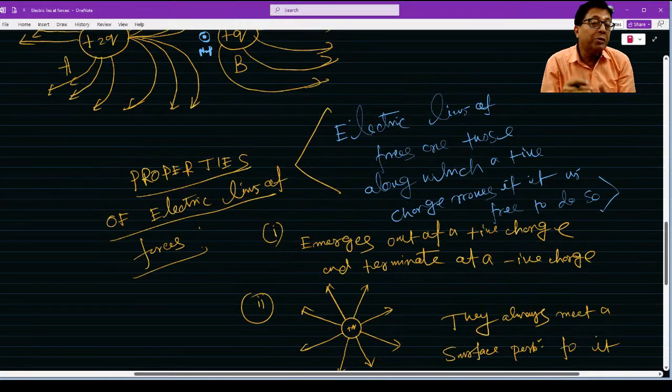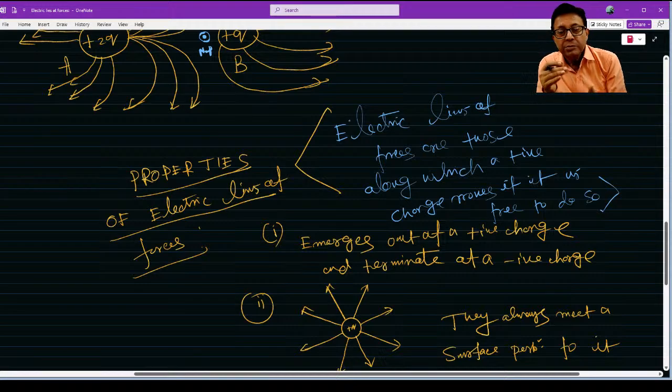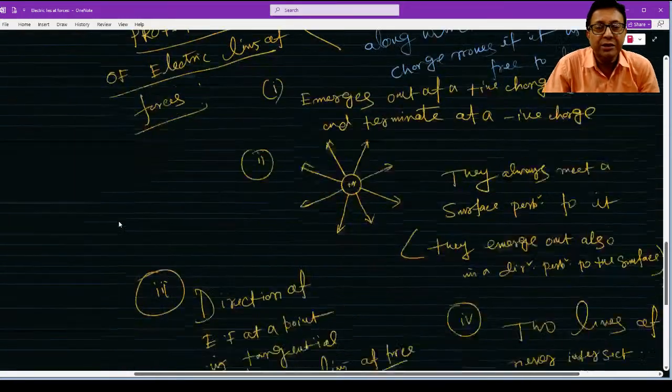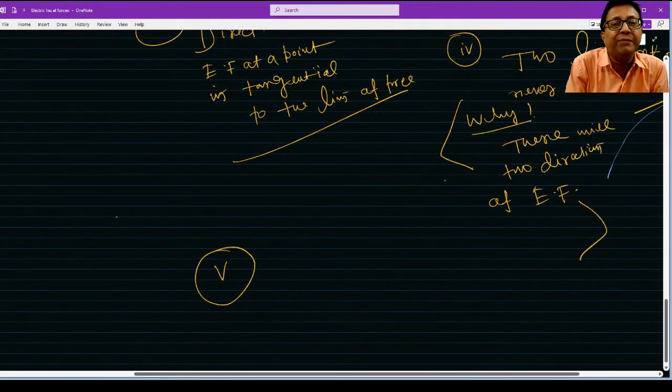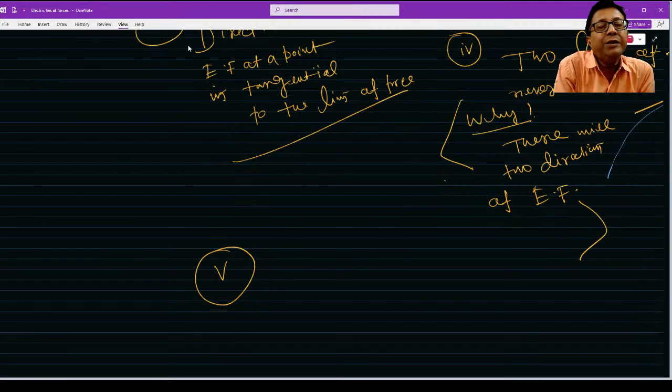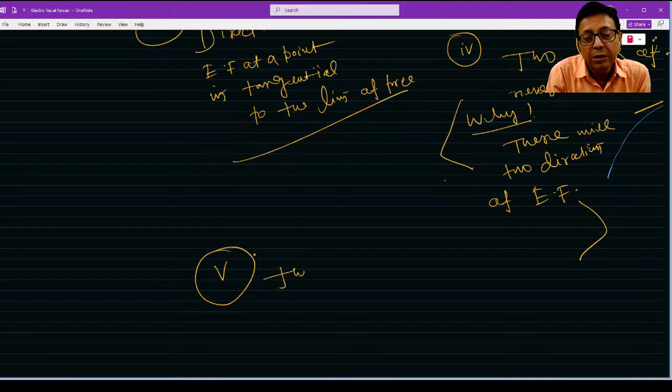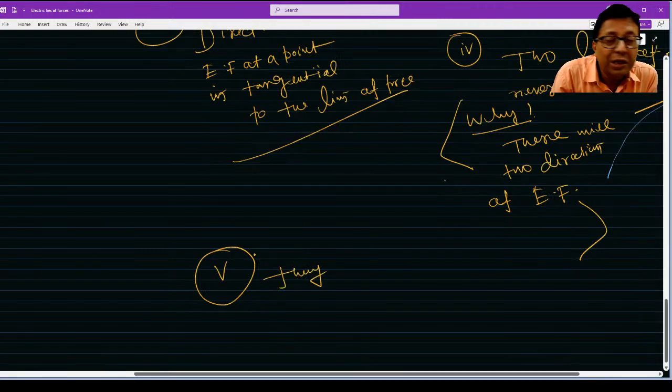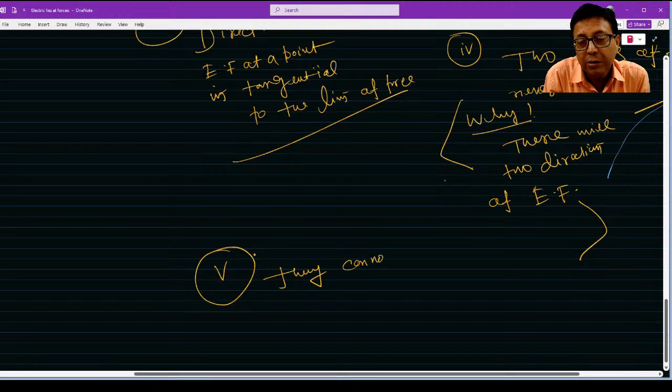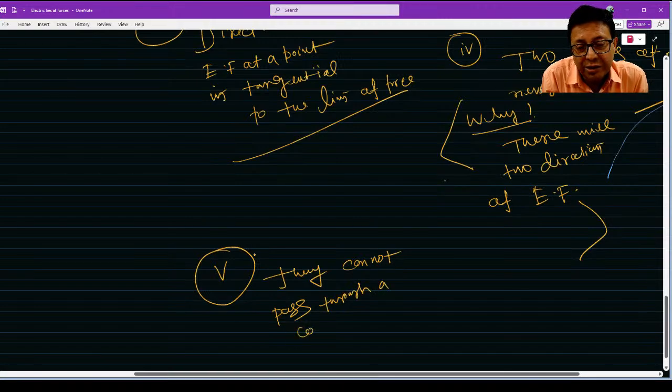So now I am going to state that inside a conductor, no line of force can pass. That's why the electric field strength will be 0 inside a conductor. That we bring under property 5. They cannot pass through a conductor. They means what? Lines of forces.